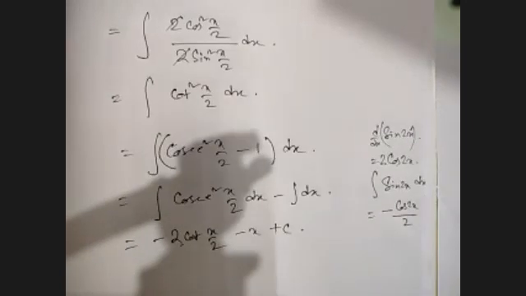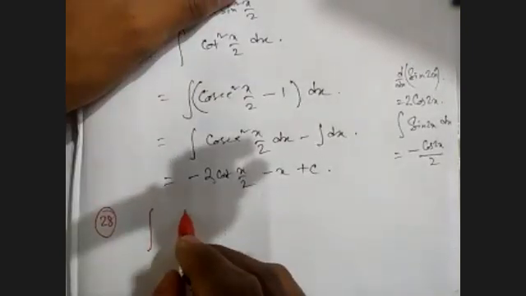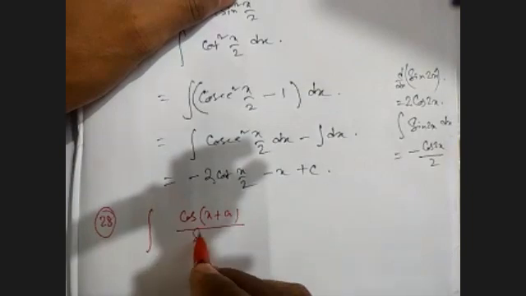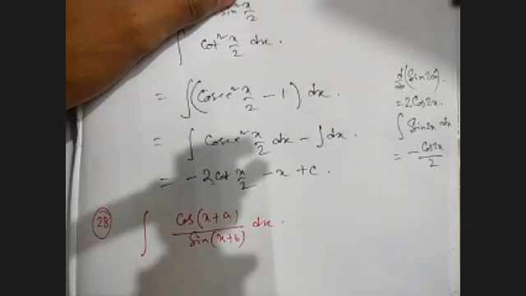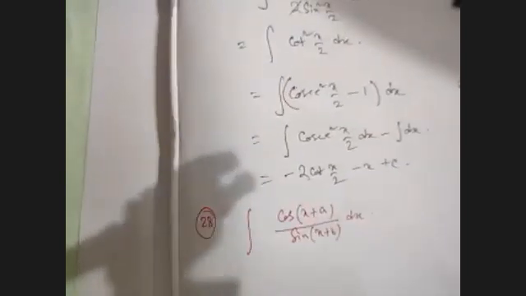Next question. Question number 28. Integration of cos of (x plus a) divided by sin of (x plus b) dx. This one is a very important question. How to solve this?